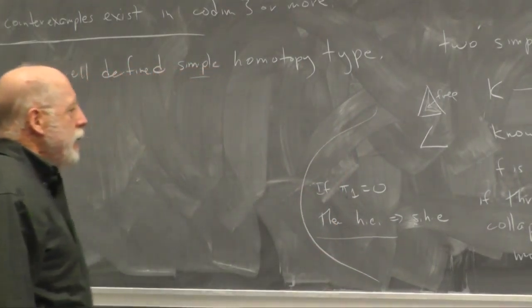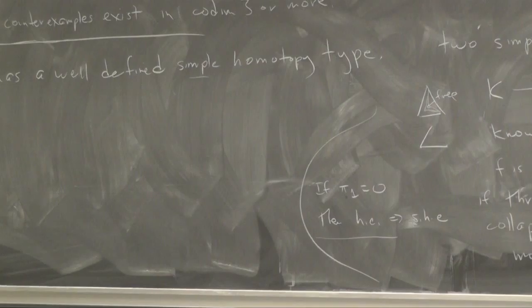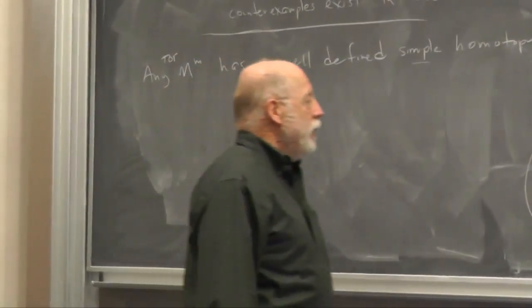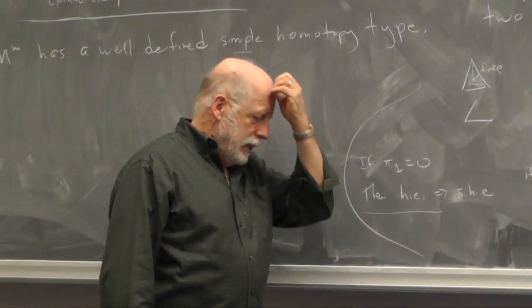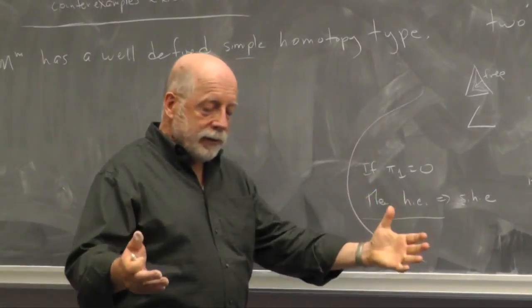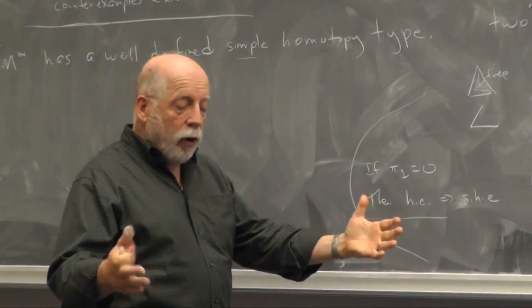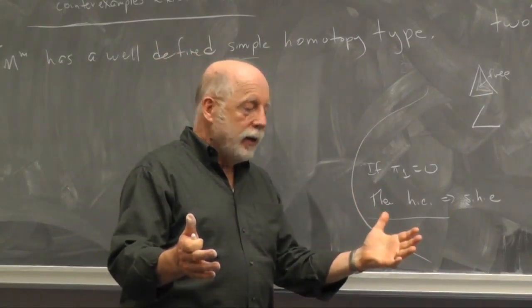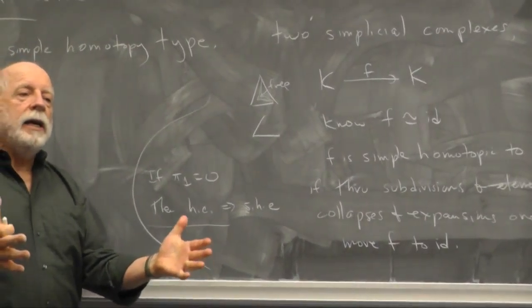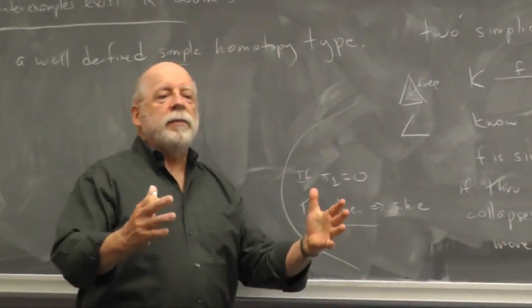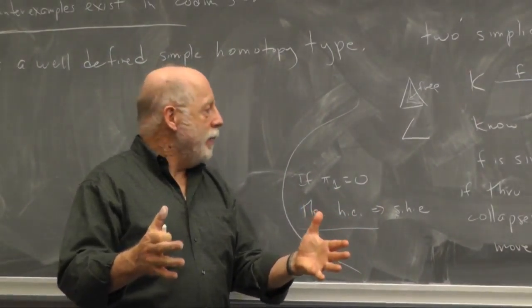So there's that. One of the big conjectures in the 60s was: if you had two complexes and they were homeomorphic, not just homotopy equivalent, did they have the same Whitehead torsion? Did they have the same algebraic obstruction?